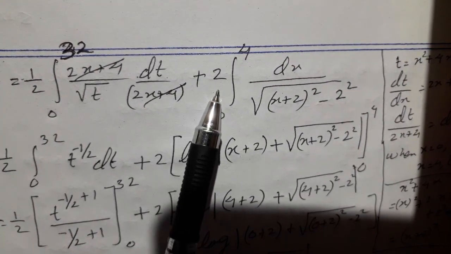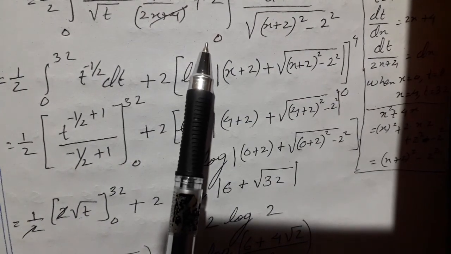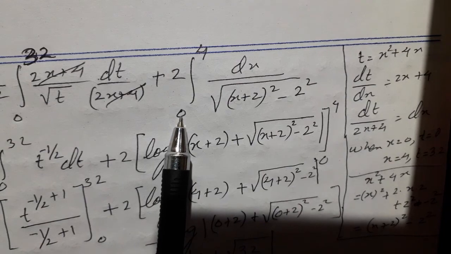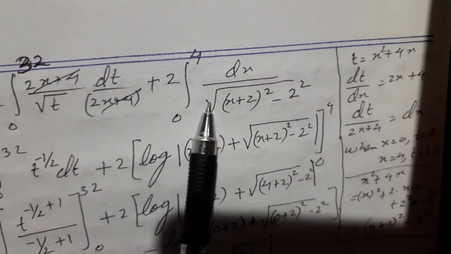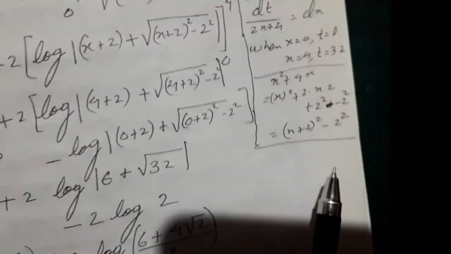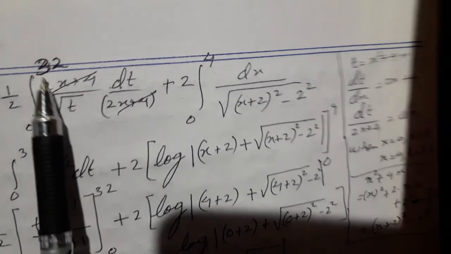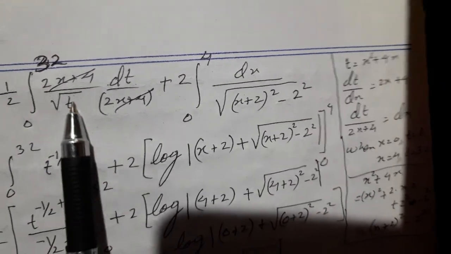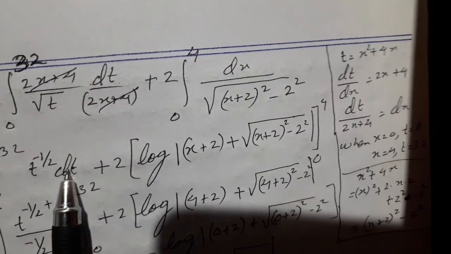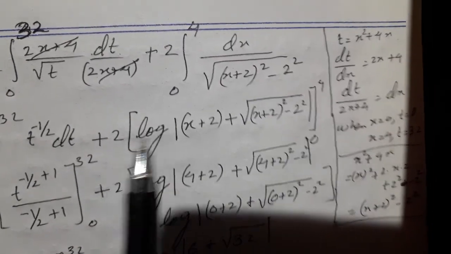The 2 is a constant and will come out of the integration, and here we have the integral from 0 to 4 of dx divided by the square root of (x plus 2) whole squared minus 2 squared. So this and this get cancelled, and the root t I bring up, so we get t to the power minus half dt, plus 2.